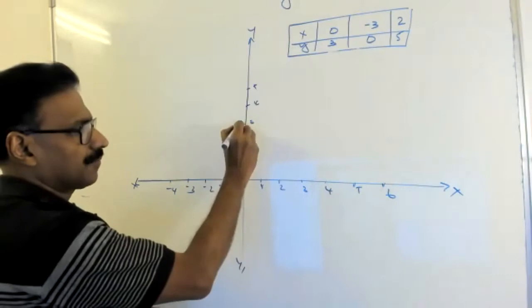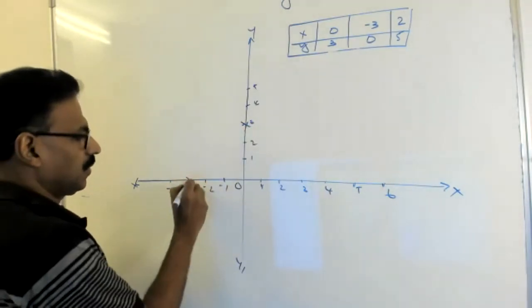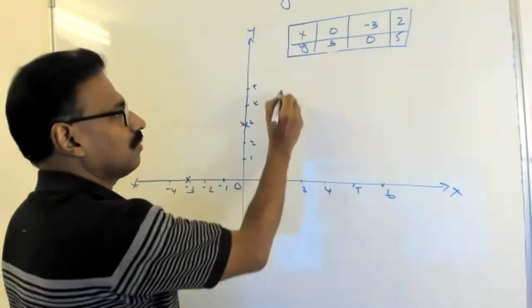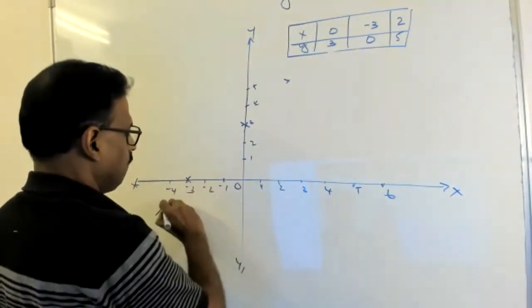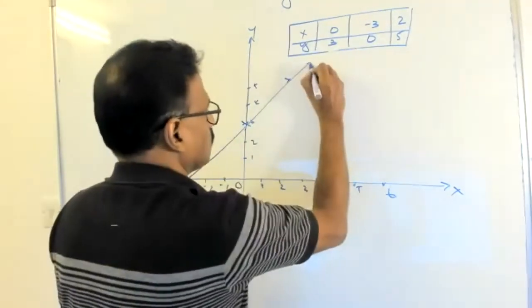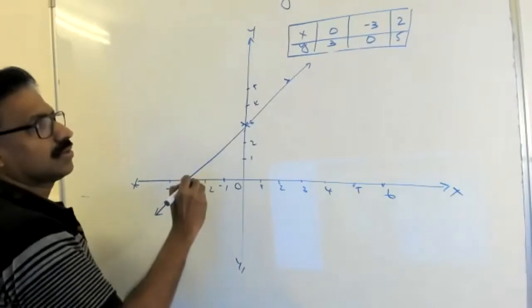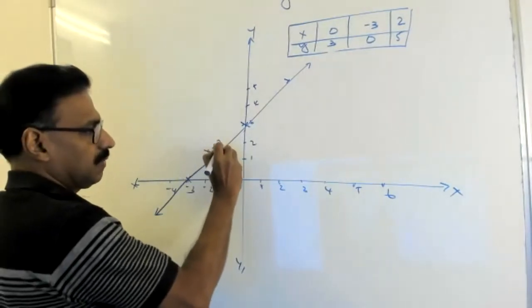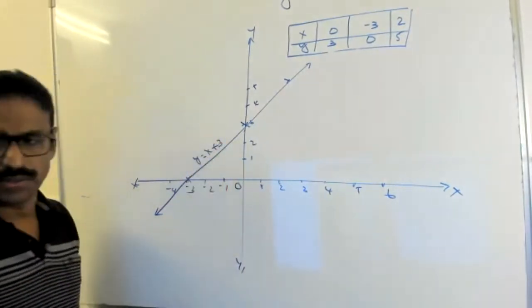Minus 3 is 0 here, 2 is 5 here. Okay, draw the straight line. It comes like this. So you write y equal to x plus 3. Draw this one.